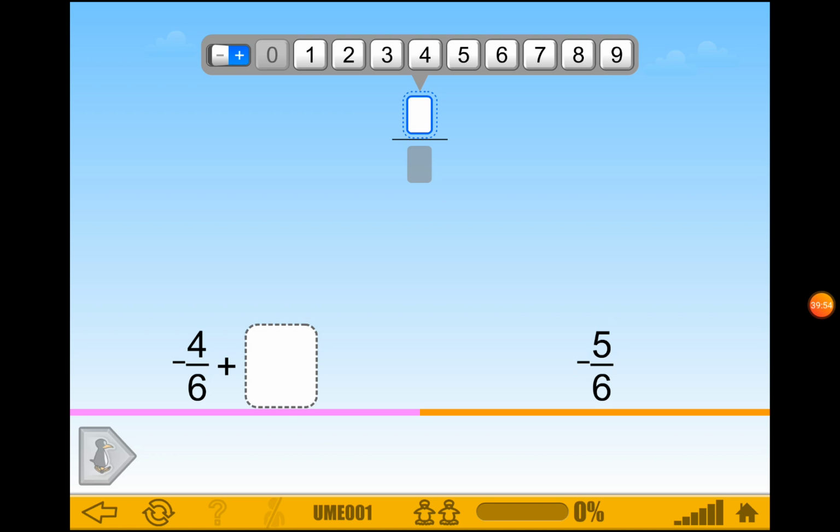Okay, so let's see. So negative 5 over 6 minus negative 4 over 6. So then negative times negative is plus. Wait, what am I doing now?